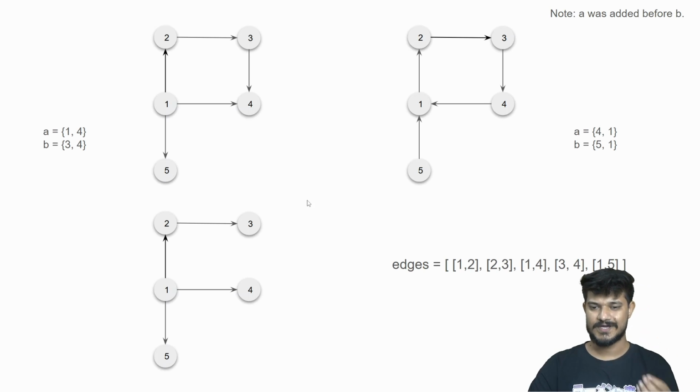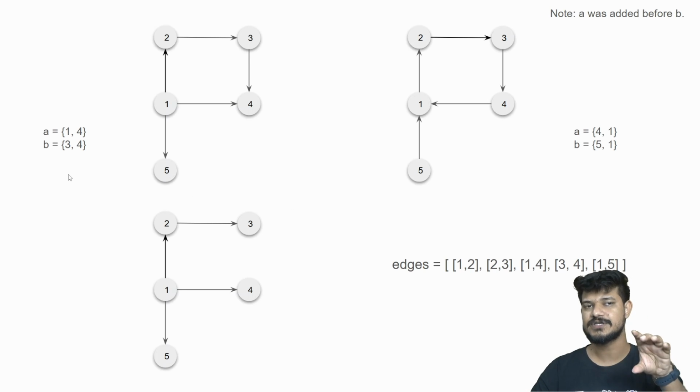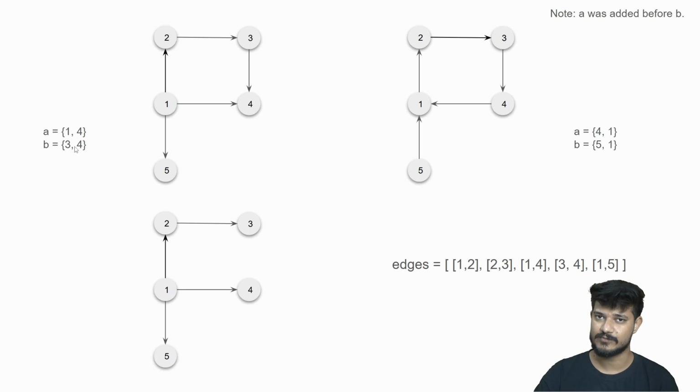What does that tell you? It tells you the edge that you have just left out is the edge that actually creates a cycle. That means you can remove that edge and there won't be any cycle in it. That means you can safely remove edge B. So in this case, B will be your result. You can remove B, that is 3 4, and that would be your answer.